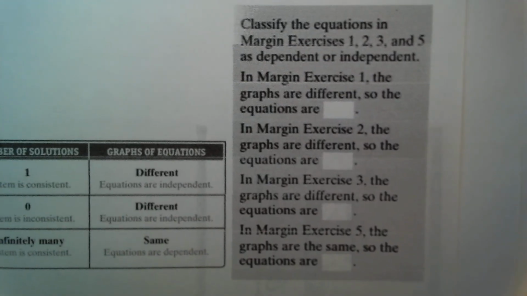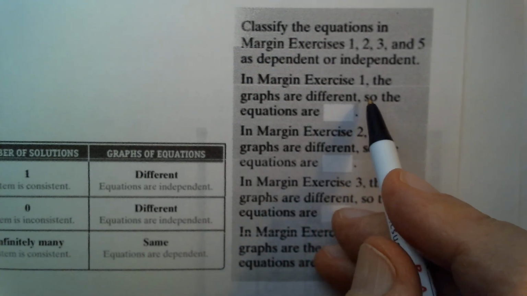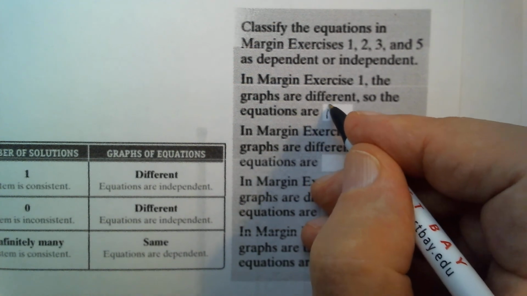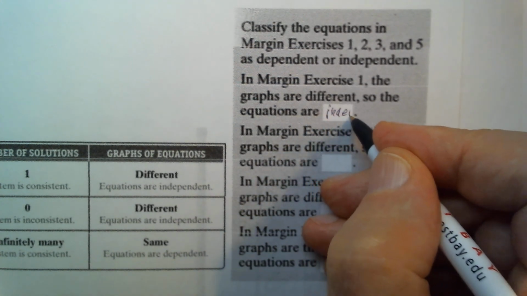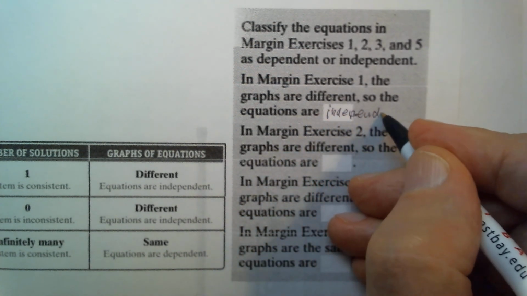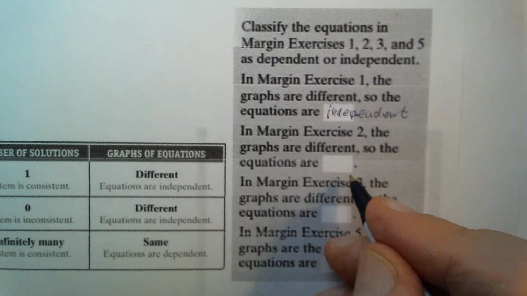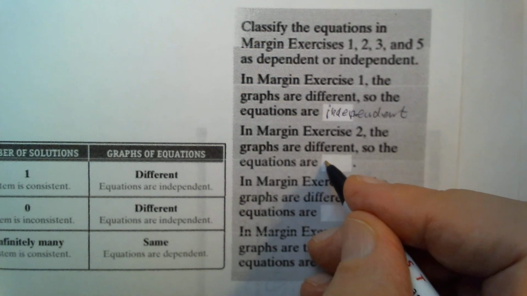So let's look at the guided solution exercise here. In margin exercise 1, the graphs are different, so the equations are independent. In margin exercise 2, the graphs are different, so again the equations are independent.